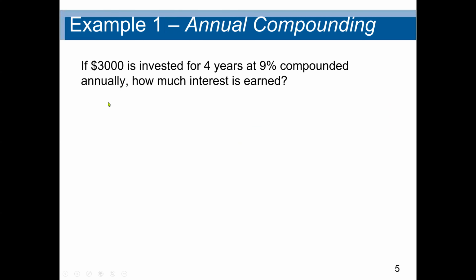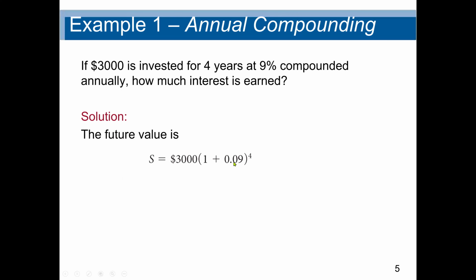So let's see one example. Here they say we should find a future investment amount. We have $3,000 invested for 4 years, so N is 4, at 9% compounded annually. So we have a 0.09 interest rate. To find the future value, it will be 3,000, which is our P, the amount we invested, times (1 plus R).